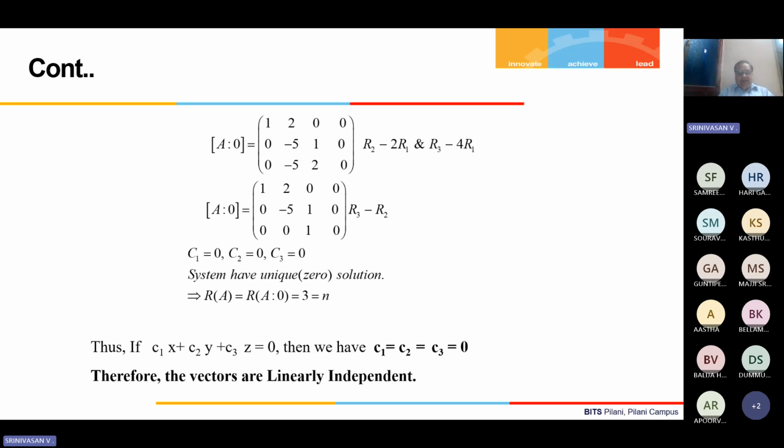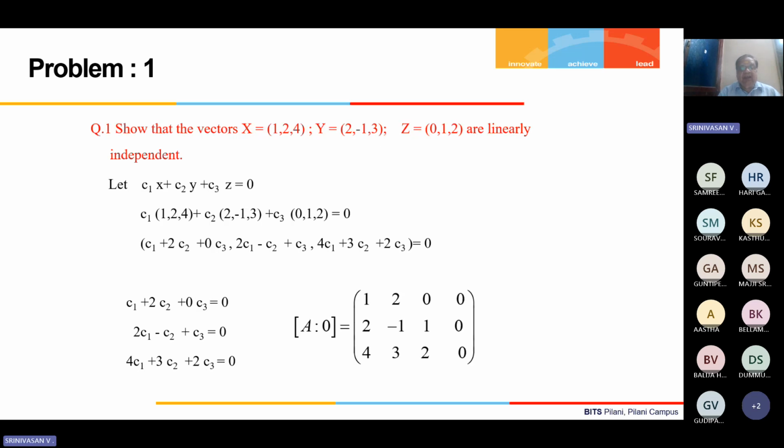So here we are just coming to a point which is a prelude to the kind of solutions that I have just talked about, that when R of A is equal to R of AB equal to the number of unknowns. N here stands for the number of unknowns. Here, how many unknowns are there? There are 3 unknowns, because each vector has 3 components.